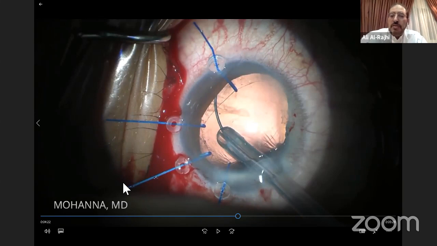And it's always better to be more cautious and to have the capsular complex well stabilized before you proceed with phacoemulsification and cortical material removal. With this degree of subluxation of the lens and having these hooks holding the lens during phacoemulsification, one case is successful, but it doesn't mean that all cases will be successful.